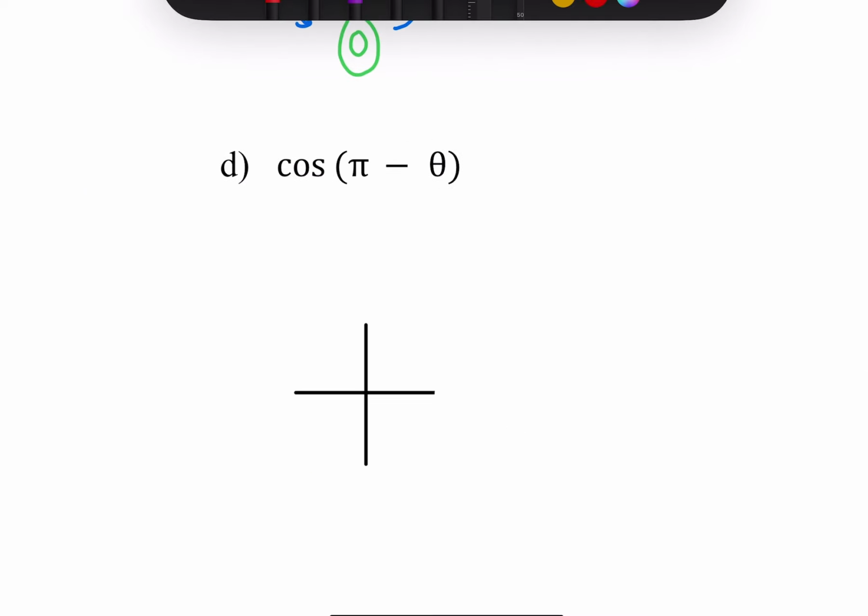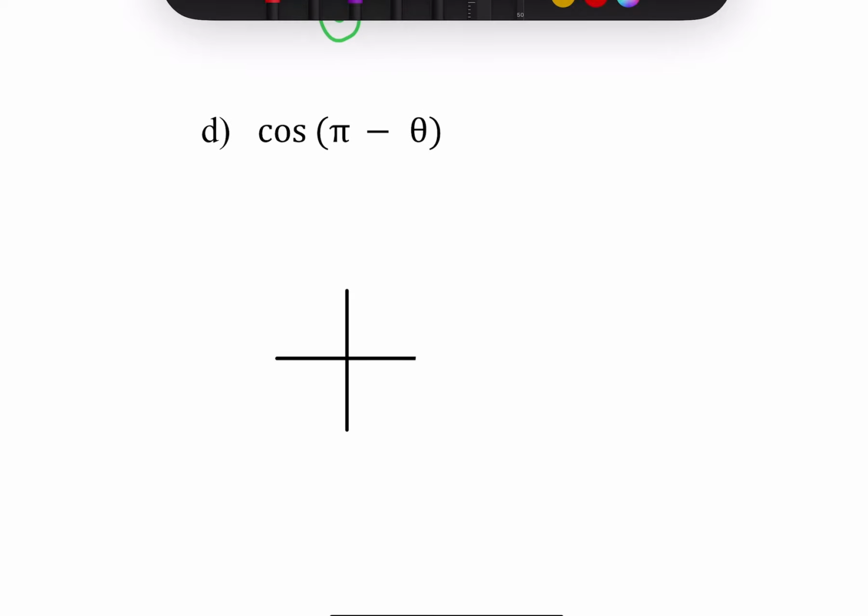For a cosine of pi minus theta, so again, my starting value is just whatever is in this bracket with the theta, which in this case is pi, so that's my starting value. So if I start at pi, the cosine of pi is -1, because the x value at pi is -1.